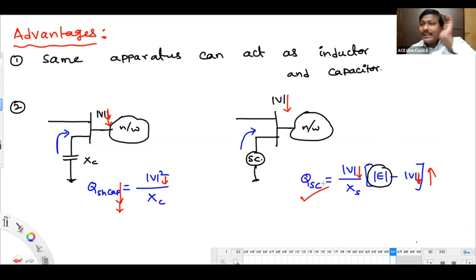And the possibility of getting voltage collapse by using a synchronous condenser will be less compared to a shunt capacitor bank. Okay?